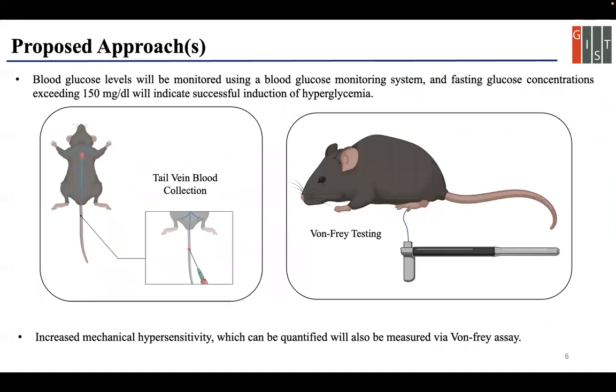Not only can the diabetic neuropathy be verified with the Von-Frey test, we need to do the blood glucose level testing. Based on the protocol I have found, it is better to have the blood glucose concentration over time with the Von-Frey test to have a better established diabetic neuropathic model in mice.